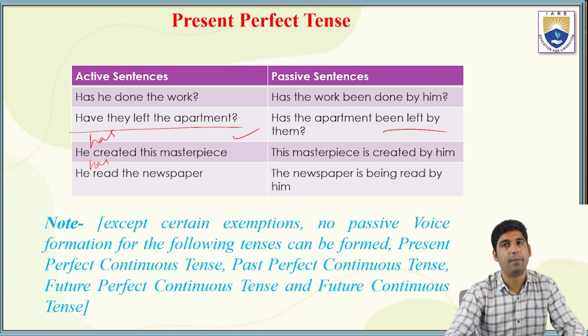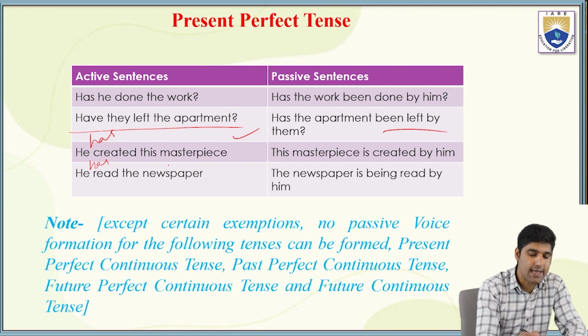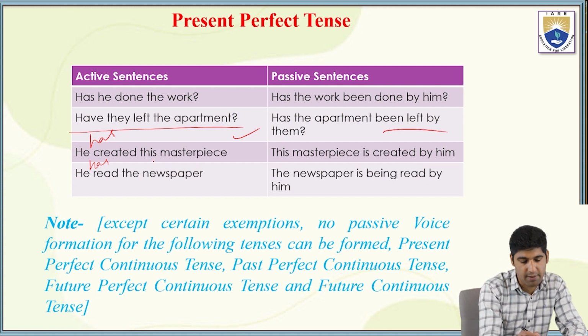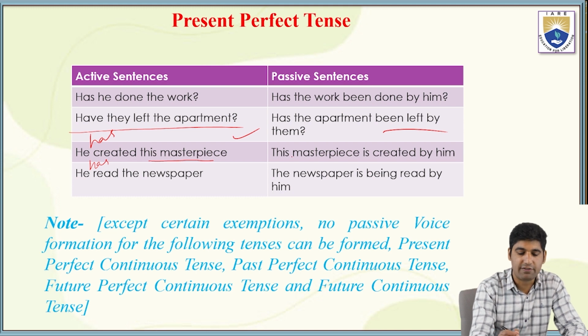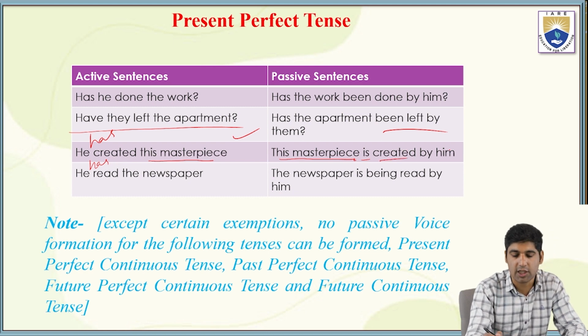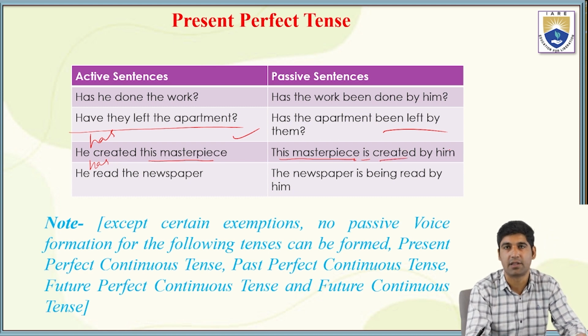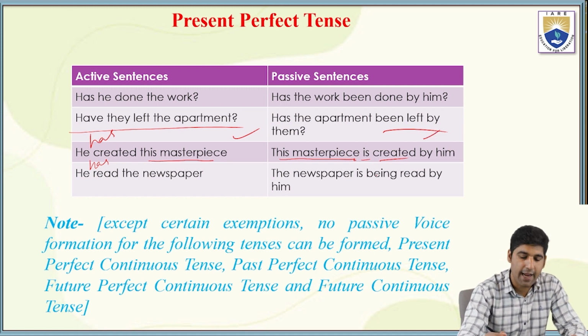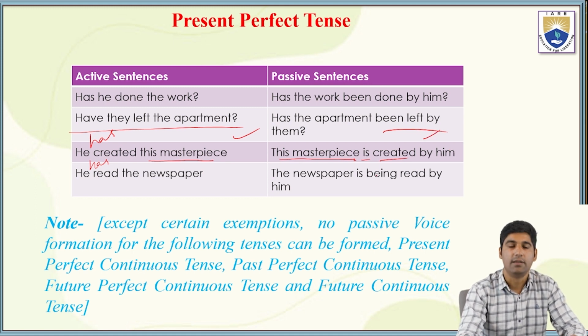I'll make their passive voice. He has created this masterpiece. This masterpiece is the object, so it will be the subject. This masterpiece, it is present, that's why I'm using is. This masterpiece is created, the third form, then by, and he will be him. This masterpiece is created by him.